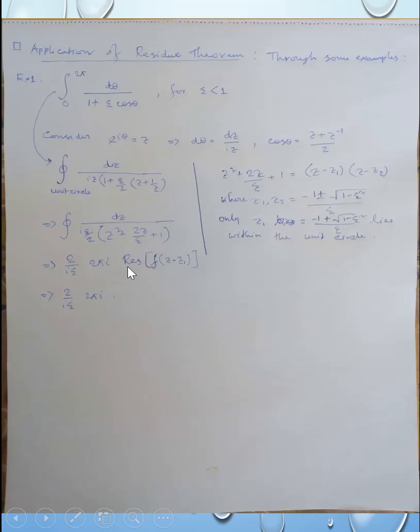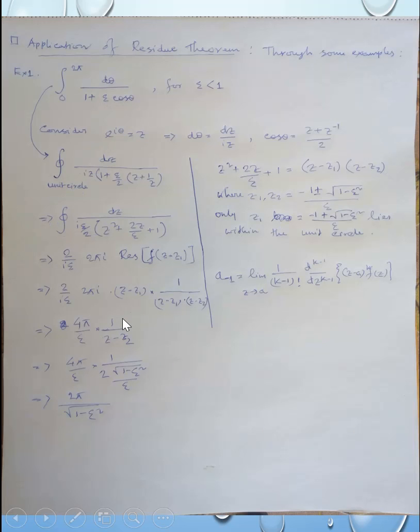Now, to calculate the residue, we have to consider only one root. Here I have written 2 pi i times the residue of the function at z equals z1, right? To calculate the residue, I think you can remember the equation written here. Can you remember? I think so.